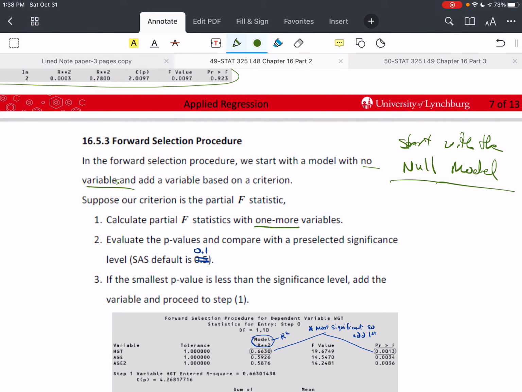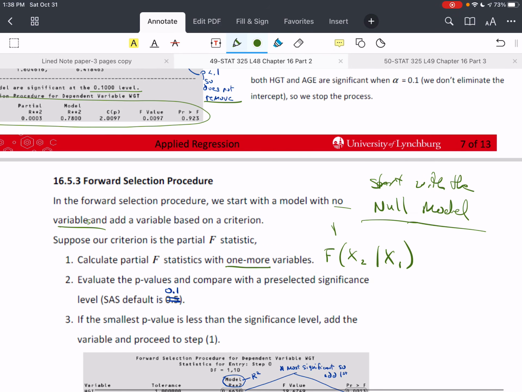So we're doing a partial F test, comparing x2 given x1, depending on if there's a variable in there. The first time we would just be looking at f of x1 versus f of x2 versus f of x3, and we're going to choose the largest f value or the smallest p-value, and add that variable to the model.